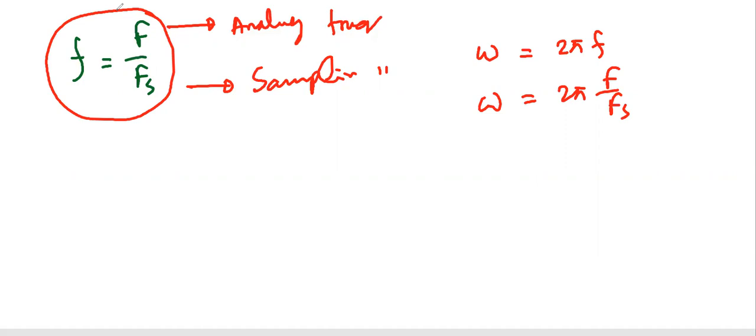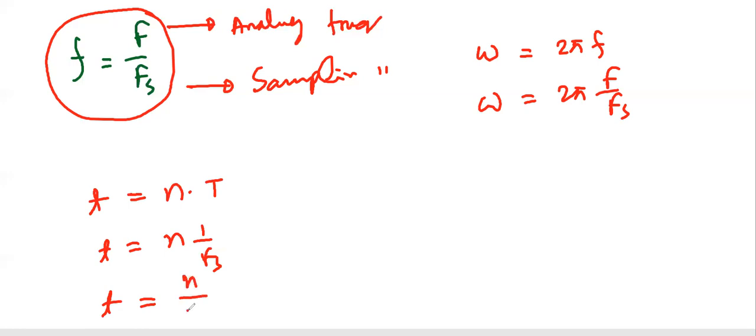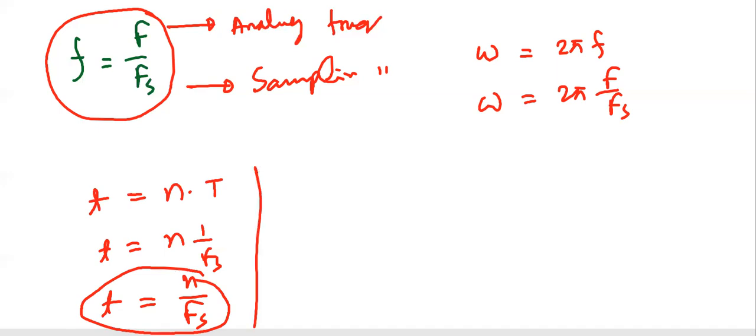Do you have any ambiguity over there? No. So what we have learned: the time t in the continuous domain can be represented as nT, where T equals 1 by fs. So any time t can be replaced by n over fs. This is one relation we have learned, and also we have learned small f is equal to F over fs, where fs is the sampling frequency and capital F is the analog frequency.